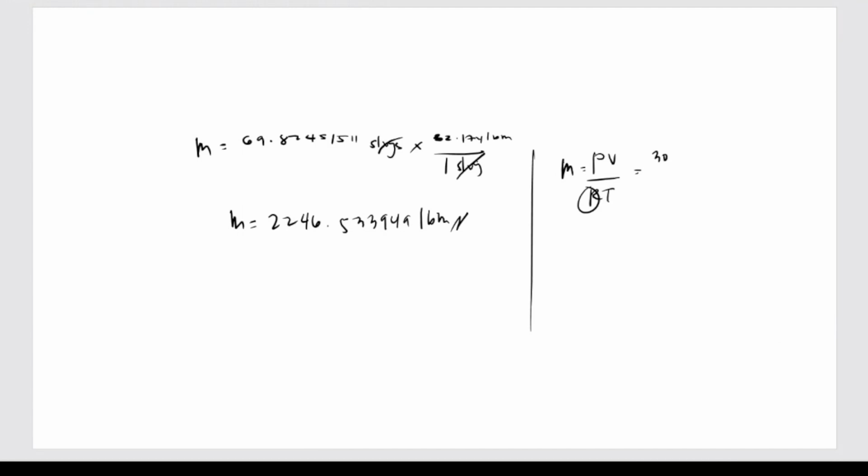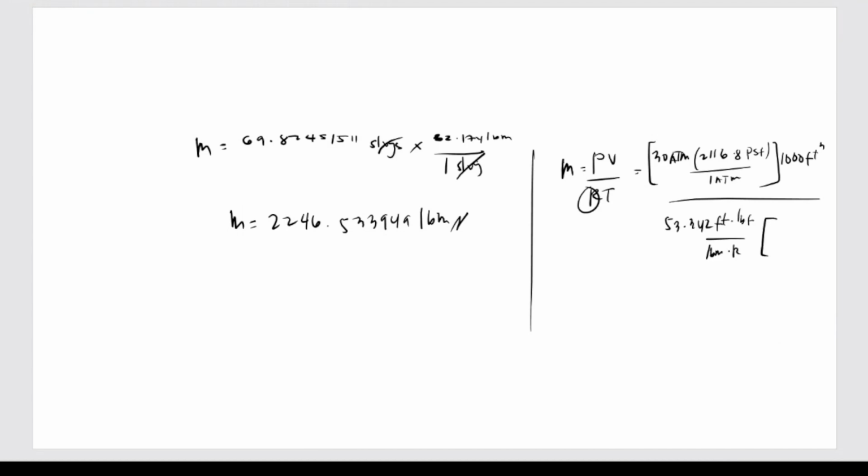So, 30 atm, 2116.8 PSF over 1 atm. Ang volume is 1,000 feet cube over 53.342 foot-pound force per pound mass Rankine times the 530 temperature.